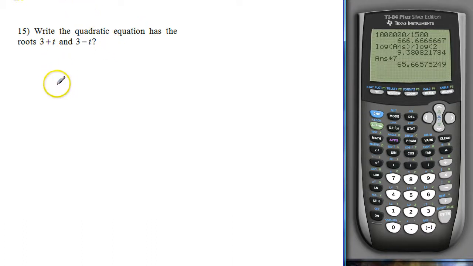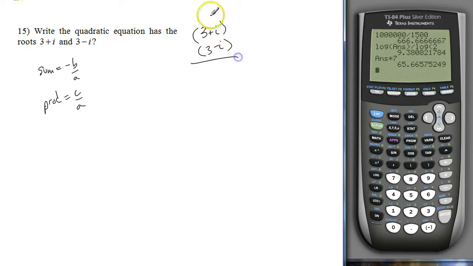Write the quadratic equation. You're going to find the sum and the product of the roots. And if you need to, you can use a calculator to find the sum and product. So just add them together. And what's nice is the i's cancel, so the sum is just 6, put over 1.